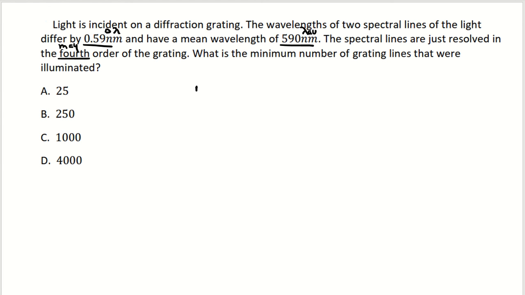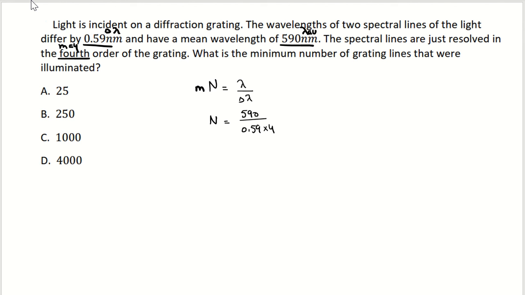In this case, m times n equals the average wavelength over the difference. So n equals 590 nanometers over 0.59, divided by 4, so I have to multiply this by 4.